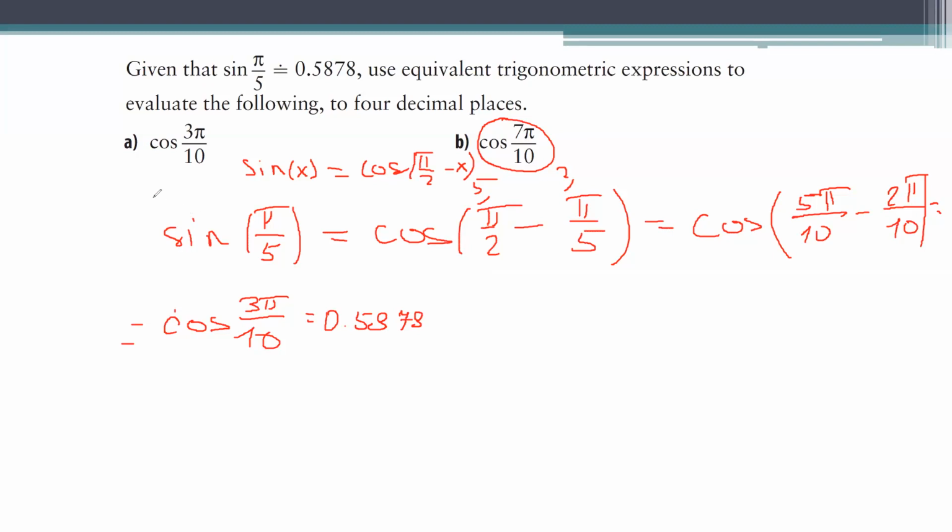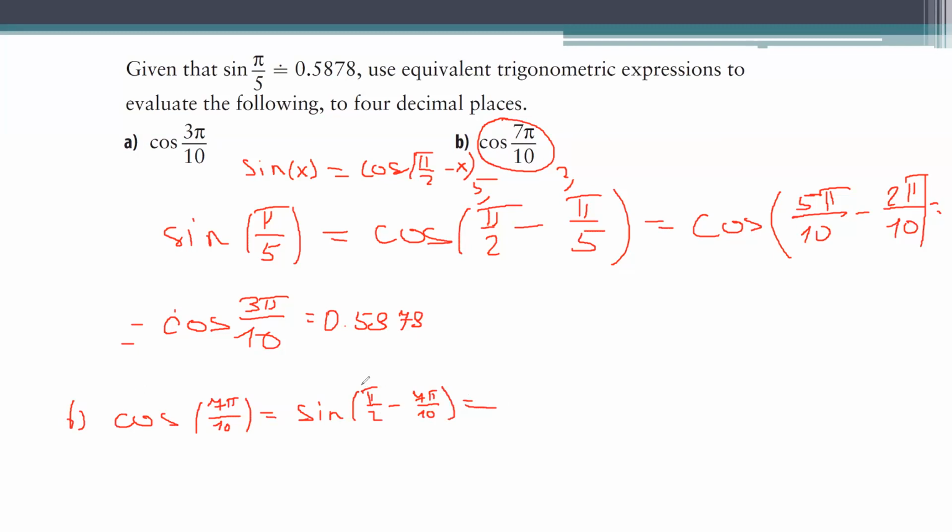Okay, let's try another way around for b. What if we say that cosine 7 pi over 10 equals sine of pi over 2 minus 7 pi over 10?